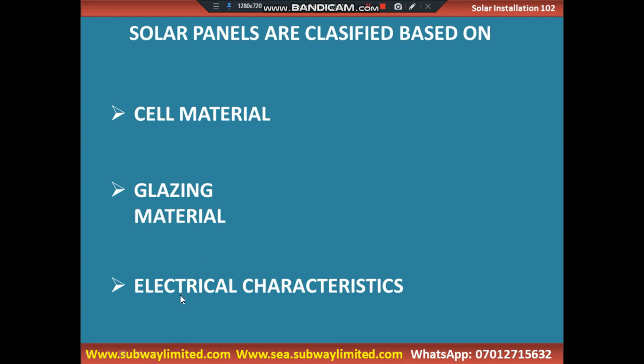Then we'll take a look at the electrical parameters or the electrical characteristics of each of the solar panel, and this will take us to the IV curve of the solar panel, the solar nameplates, and the open circuit voltage, the short circuit currents, and the maximum power of any solar panel.